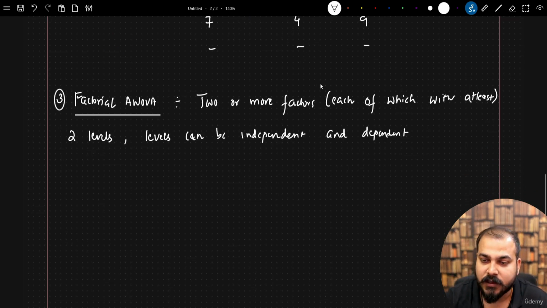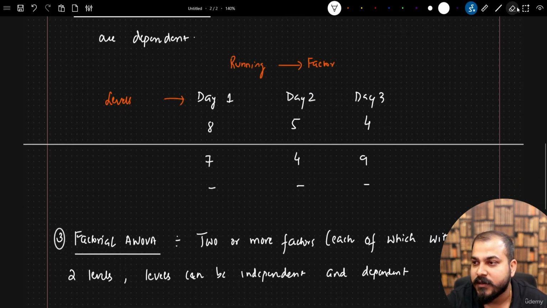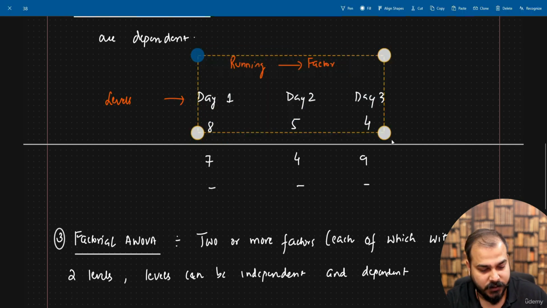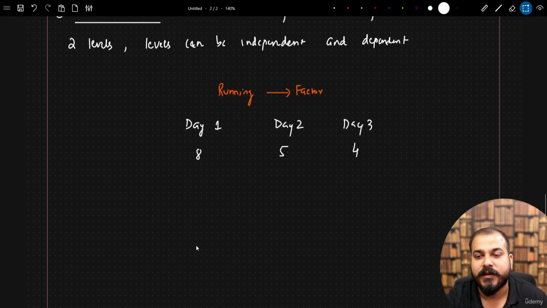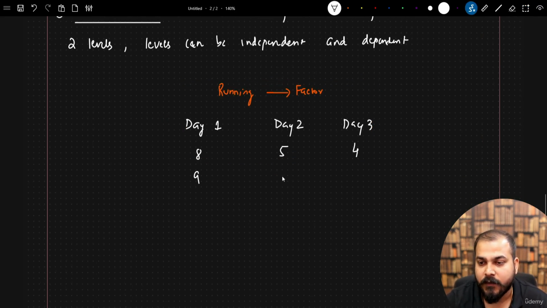Obviously when we say factors, let's consider an example. The same example I can consider, this running example. So I have this data, let's say this is my running data. One factor is present over here. I will have different values like 9, 4, 3, 2, 4, 6, 7, 8, 3.